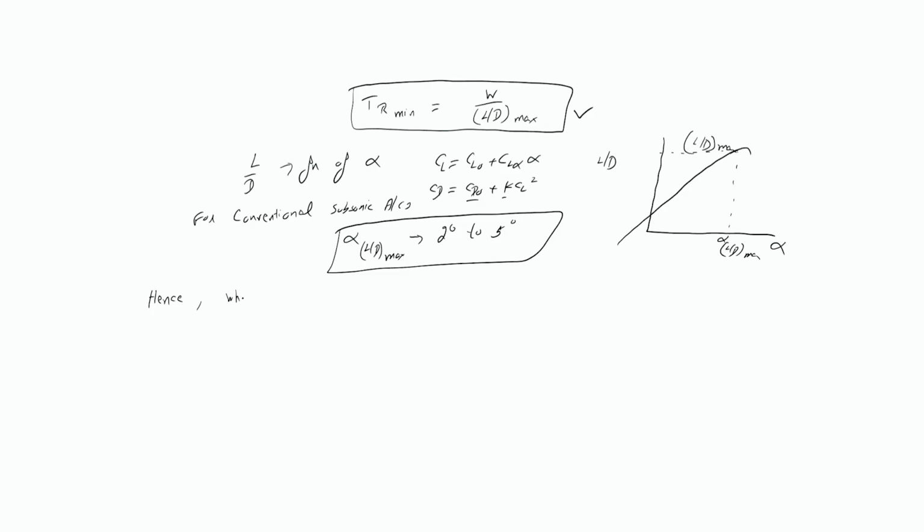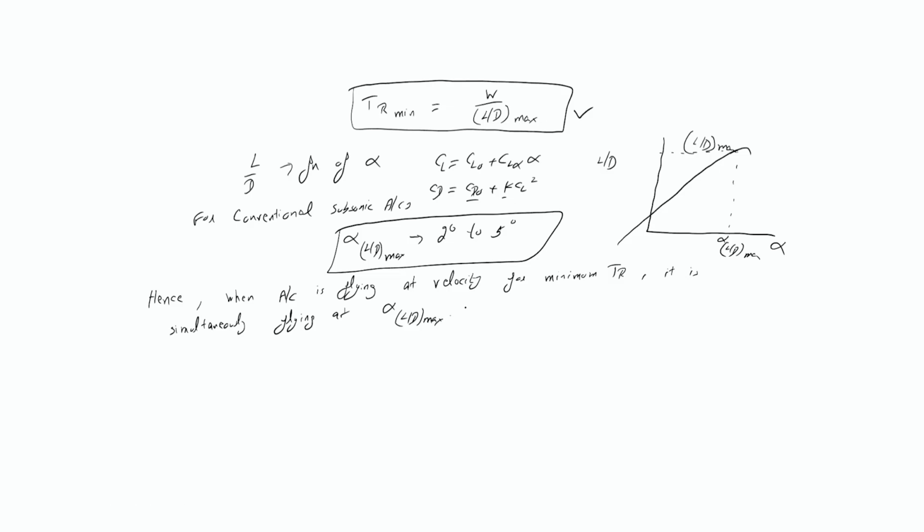Hence, when the aircraft is flying at a velocity for minimum thrust required, it is simultaneously flying at the alpha at which L by D is maximum.